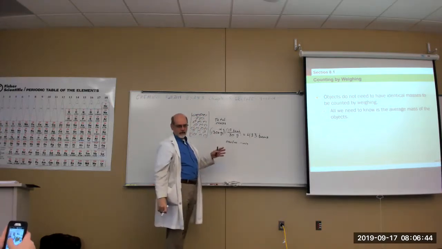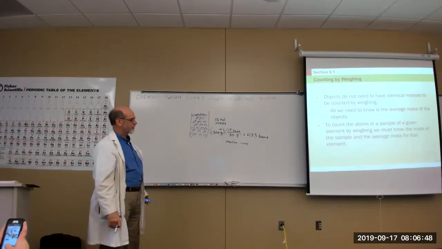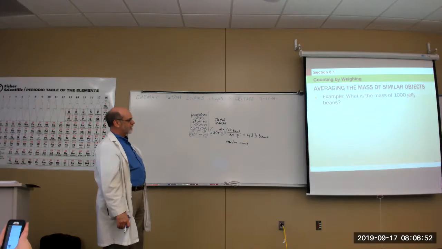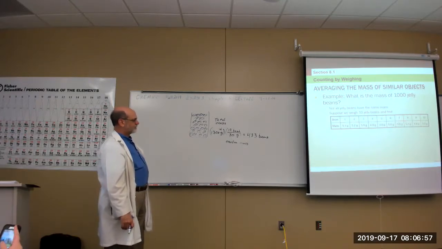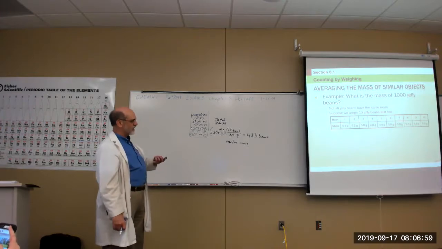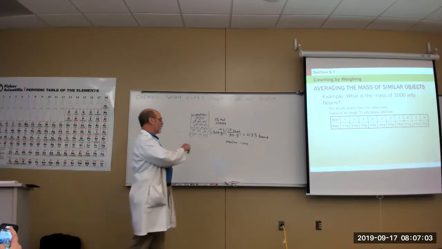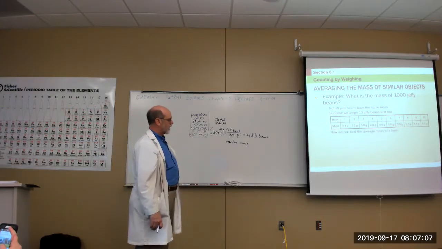That's your conversion factor. Okay, I just did this one. There's an example where we find out how much each bean weighs, and we get an average weight for the beans. You can do it that way, or you can just weigh 10 beans. Use that.